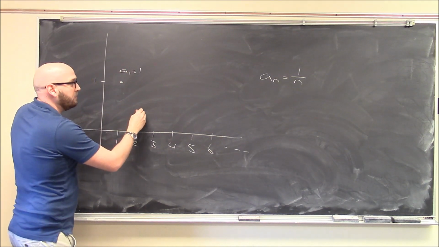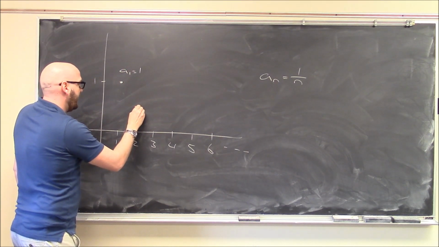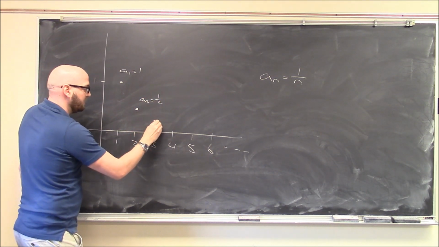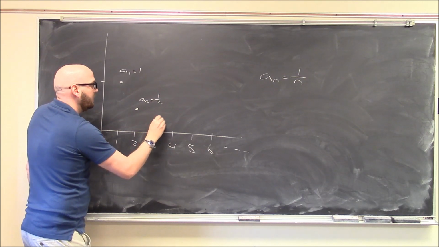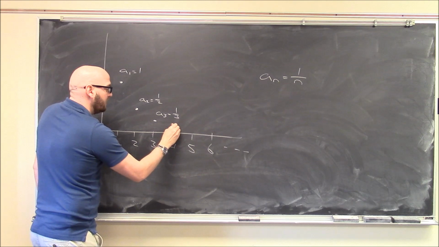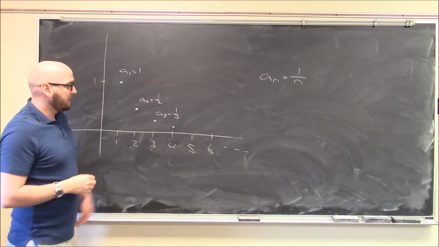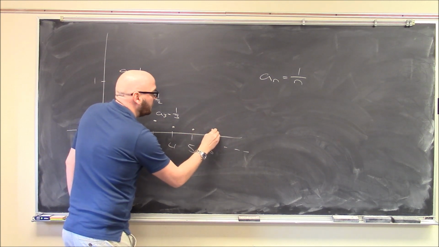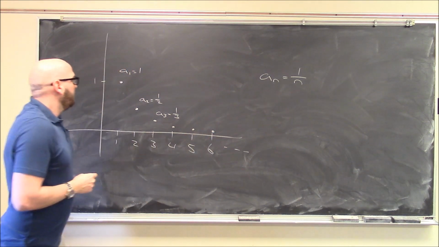The second term, when n is 2, we've got 1/2. So A2 is 1/2. The third term is 1/3, maybe like right there. The fourth term was 1/4. I'll stop writing them because I'm running out of space. Fifth term was 1/5, then 1/6, and so on.